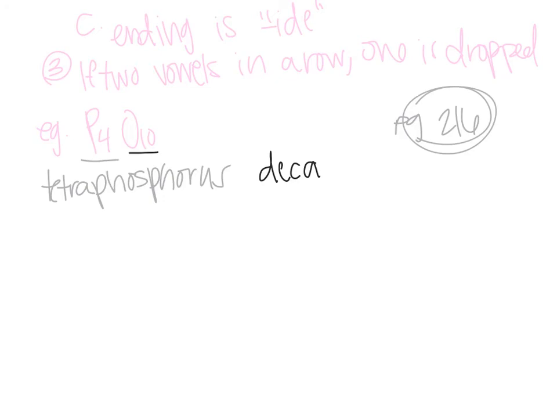And then the root name of the second element is ox. Basically ox, not oxygen, it's ox. And then we add ide. But decaoxide has vowels that are next to each other that can sound similar. So we get rid of the A, so it's just decoxide. And that is your name for P4O10.